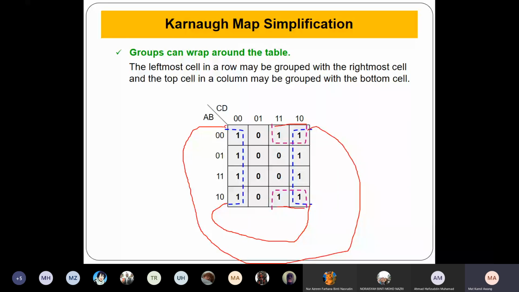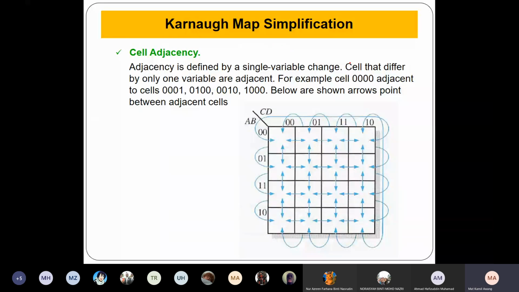So this edge is actually connected to this edge, and this edge is connected to this edge. So you can do the grouping. So that is the cell adjacency.